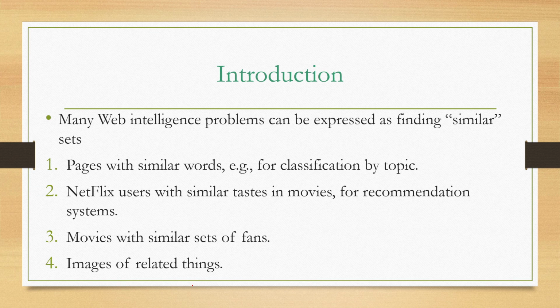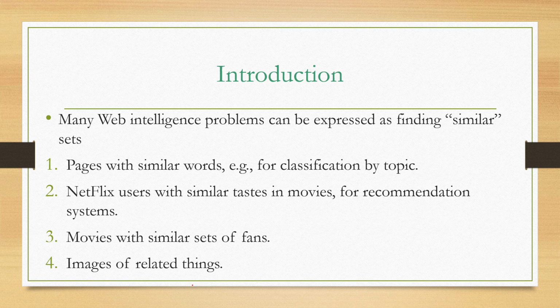We may also be interested in finding users who have similar tastes for some movies, or similar choices in purchasing products. All these things can be used to build up recommender systems. We may also be interested in finding images of related things.